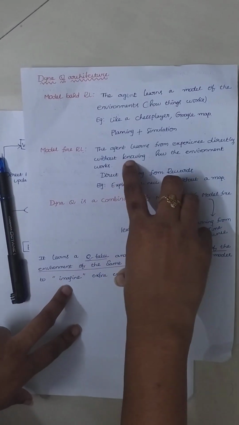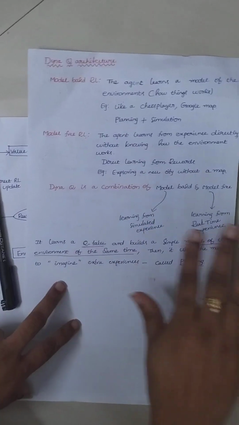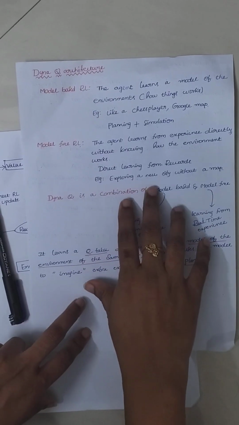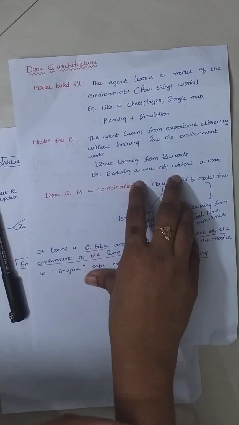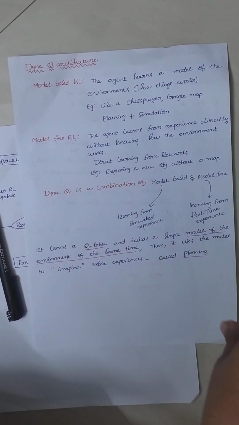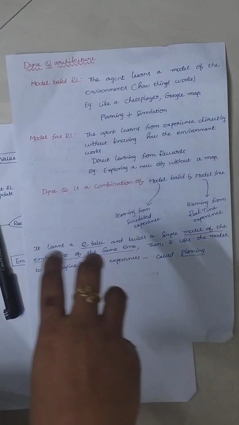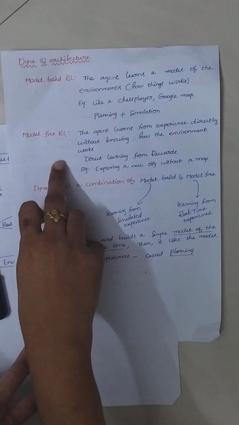So the agent learns from the experiences directly without knowing any environment. For example, suppose I'm going to a new city, but I don't have any map, I don't have any idea of the city. By visiting different places, I will understand the city. So this example comes under model free RL.